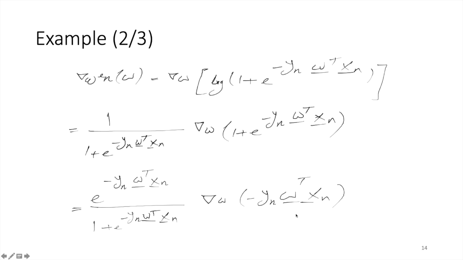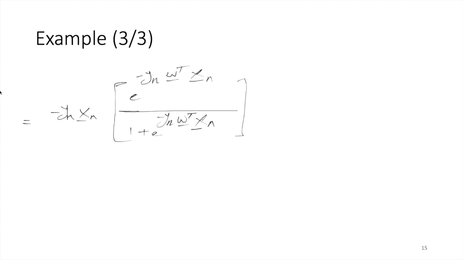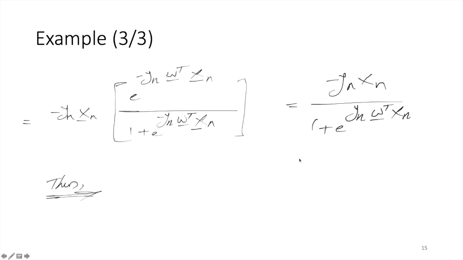So whatever is left is the coefficient of that. So you have minus y_n x_n, right, with the rest of the things we already brought out from the gradient. And then if you combine this and add it to the formula, you're going to find that this is the final result.